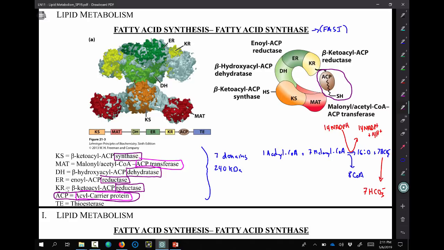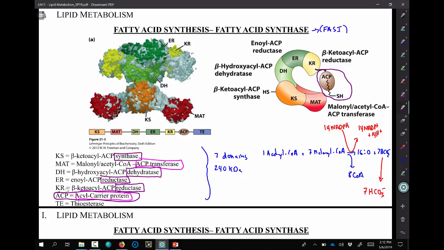If you remember the pyruvate dehydrogenase complex, there was this arm that came out of E2 and reached into E1, and then it would carry something to E2, and then carry something else to E3, and then it would come back. The acyl carrier protein is similar in the sense that it's going to pick up something and carry things from one domain to another. That's why it's called an acyl carrier domain.